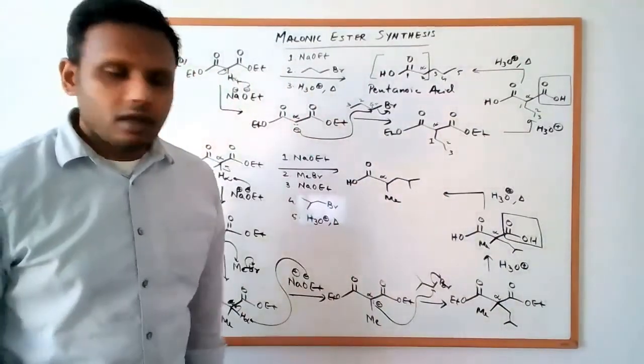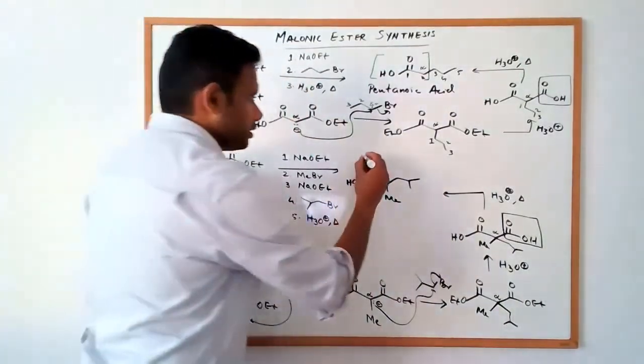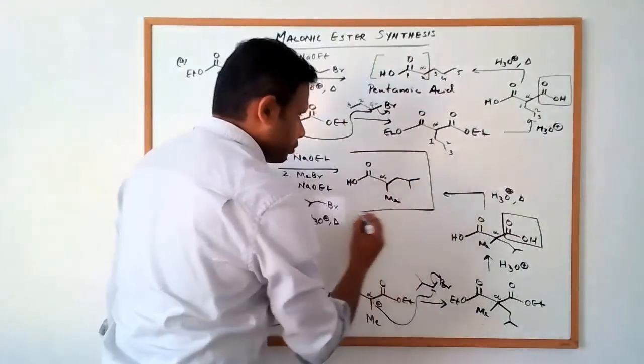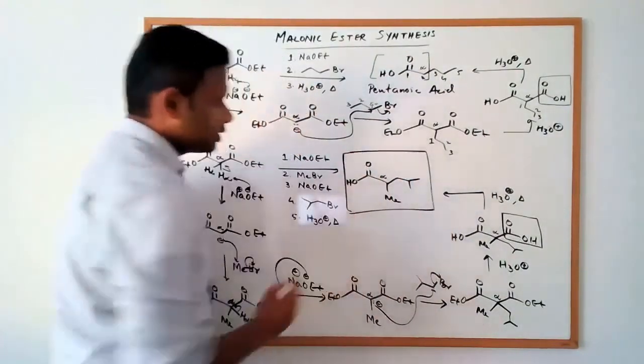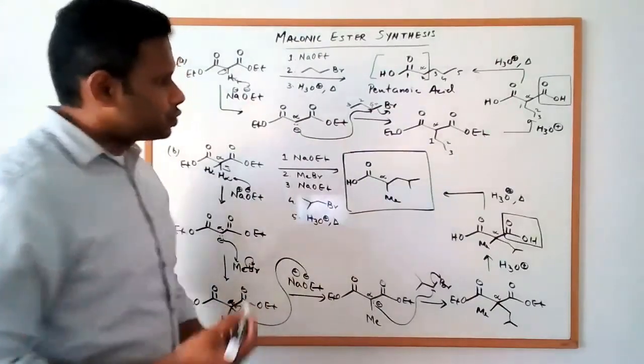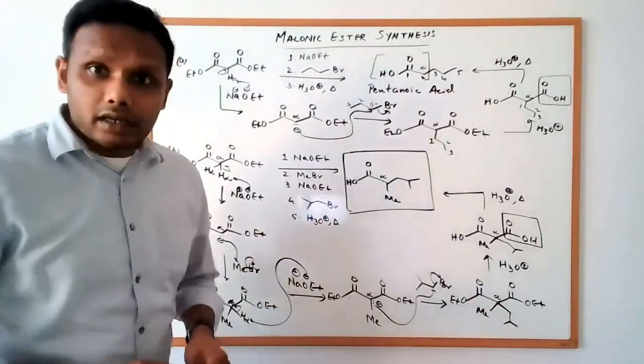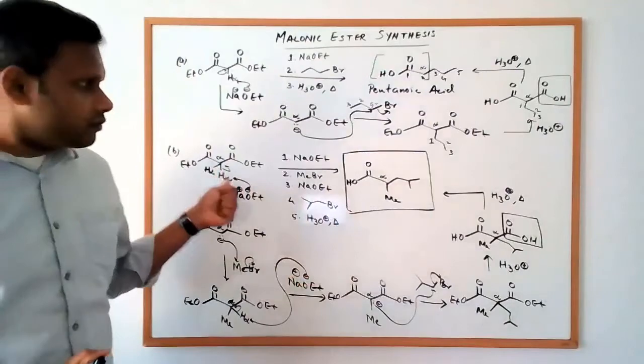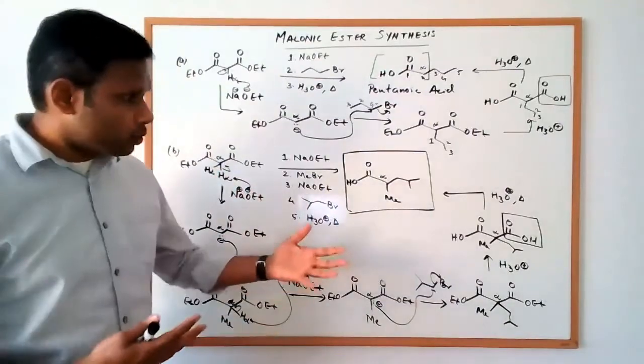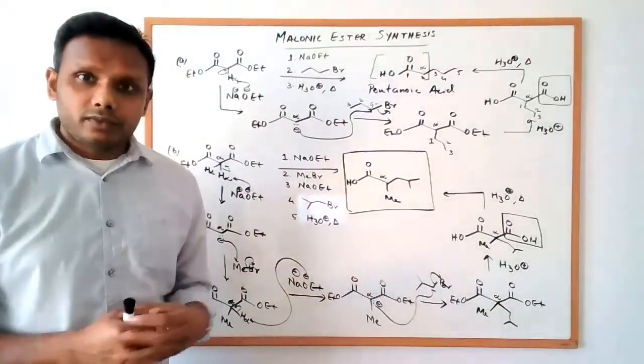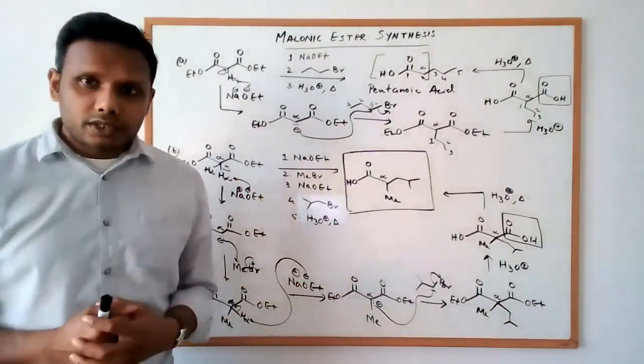So that will be our product that we get. So that's the final product from this reaction. And we've added two alkyl groups to that alpha carbon. So that's the utility of this malonic ester synthesis.